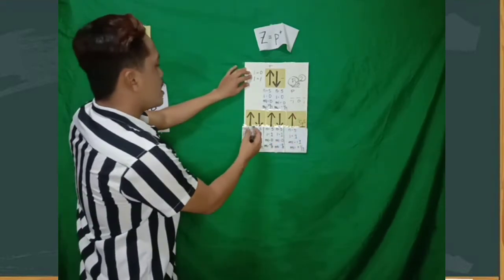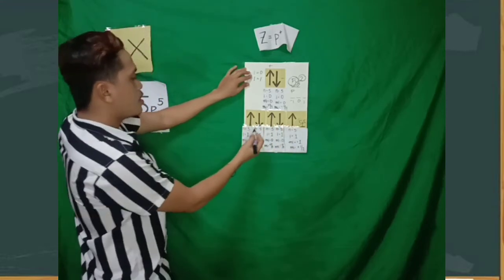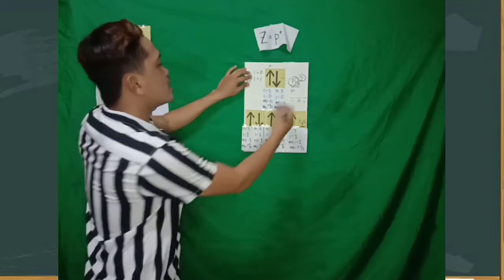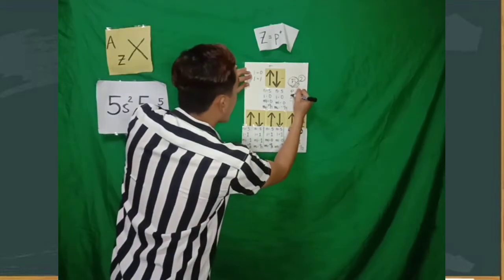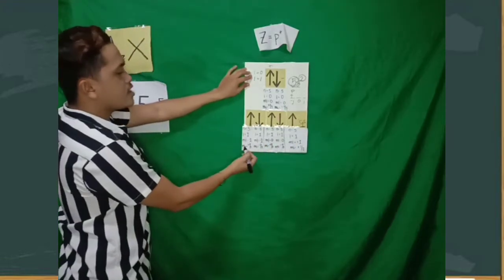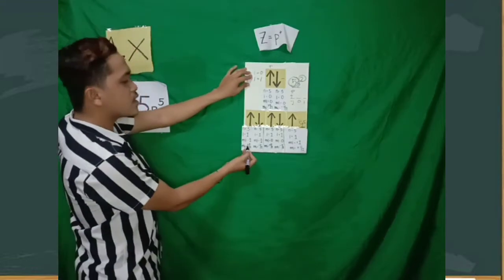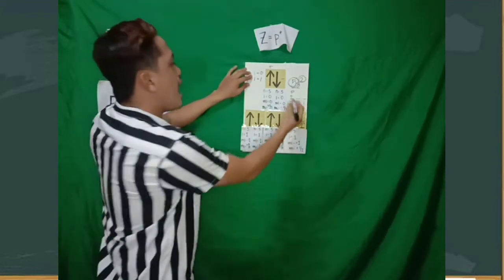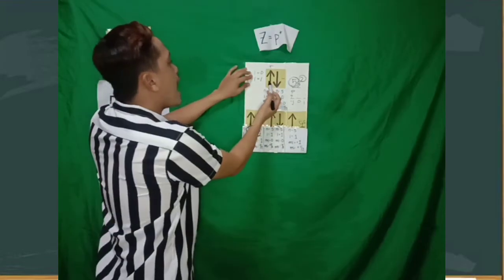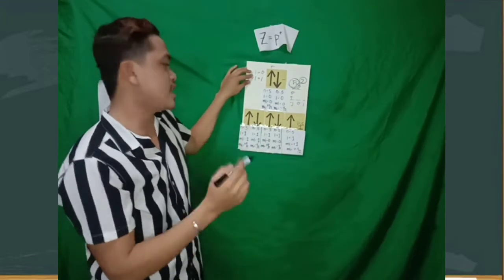Looking sa orbital diagram niya, yung ml niya is negative 1. And yung ms niya is positive 1/2, dahil upward yung arrow niya. Remember, kapag upward yung arrow, positive. Kapag downward yung arrow, negative.